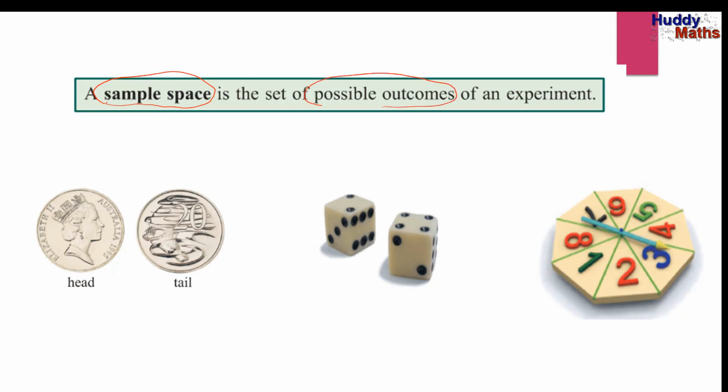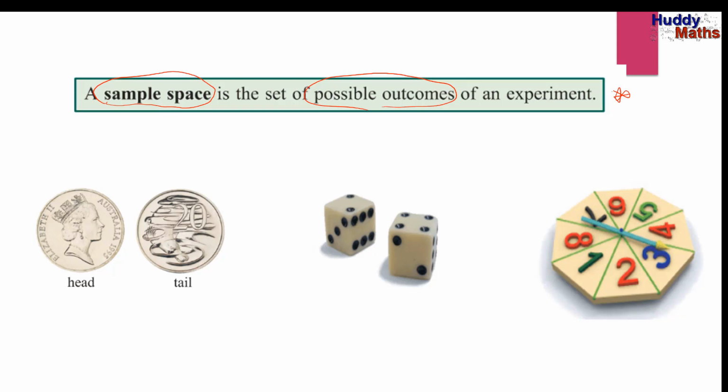It's all the possible outcomes. It's called the sample space. Now, when we do an experiment, our outcome will be sampled from that space. We take a sample out of there. So a set of possible outcomes of an experiment, all the possible outcomes, is a sample space. Okay, so that's the idea.